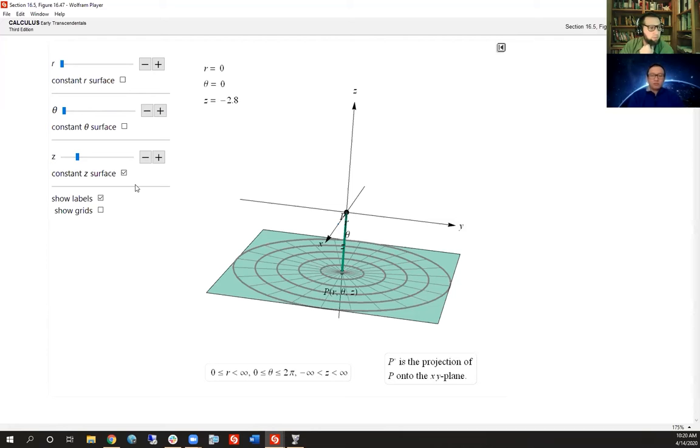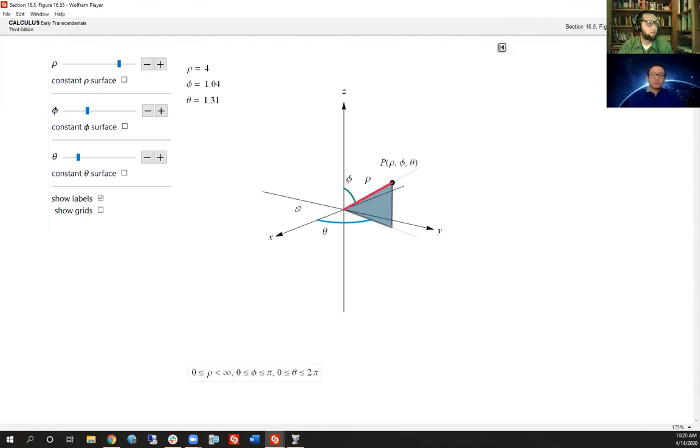Very good. Well, since that was so much fun, let's do the same thing, but with spherical coordinates. All right.